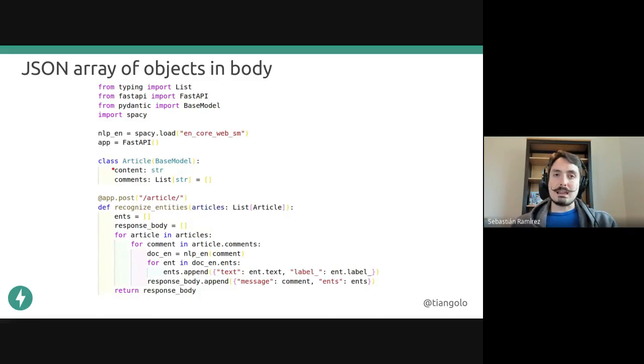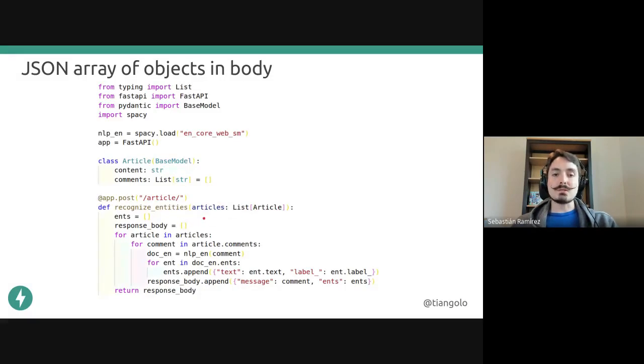We just do, again, the same standard syntax for declaring the types of parameters and variables in Python. So we are just saying that now we're going to receive articles, and articles is going to be a list. And remember that this list is the same one that is here, that comes directly from typing. So this is the standard way to declare a list in Python.